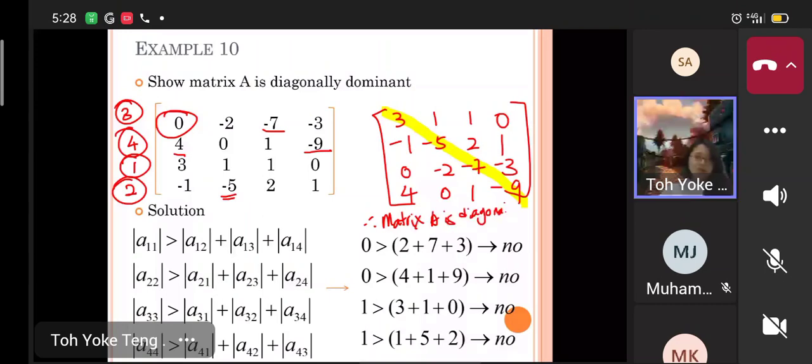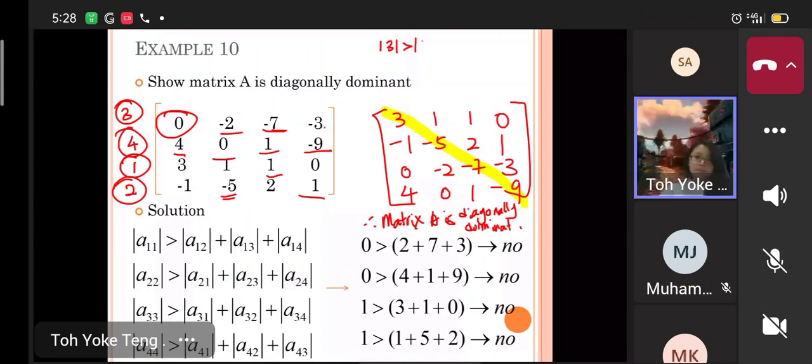As you refer to here, this one 0 is not greater than the summation of the other values, and this one is not greater, and this one is not greater. So once you write it in this form, just write it down: 3 greater than 1 plus 1, yes.